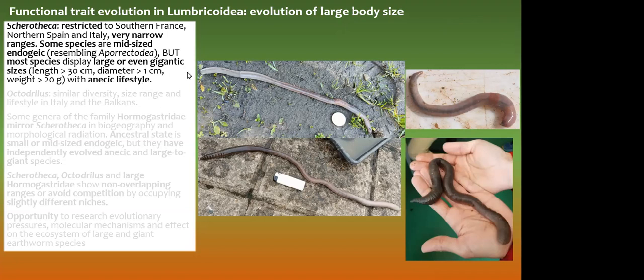a very interesting genus restricted to southern France, northern Spain, and Italy, and their species have very narrow ranges. Some species, like this one, are mid-sized endogeic and resemble Proctodrilus caliginosus a lot, but most species display large or even gigantic sizes, like you see here, which I define as having a length over 30 centimeters, diameters over 1 centimeter, and weights over 20 grams.